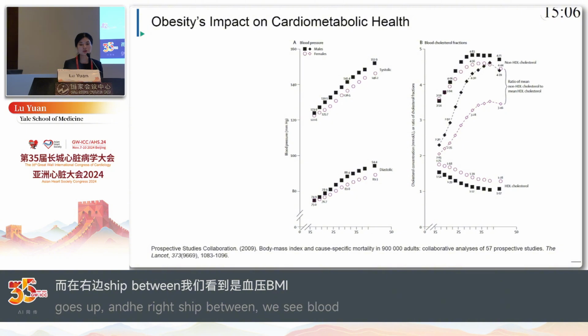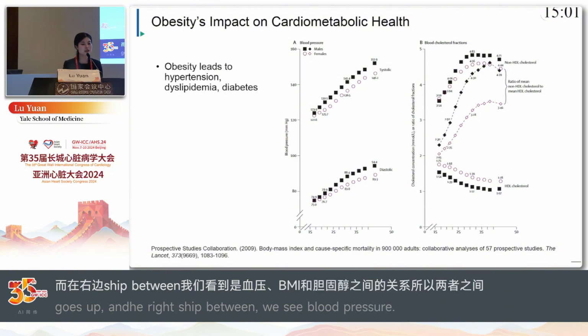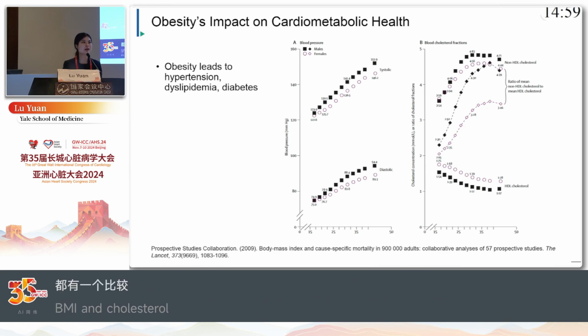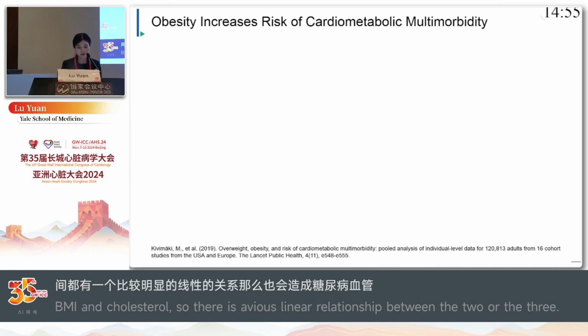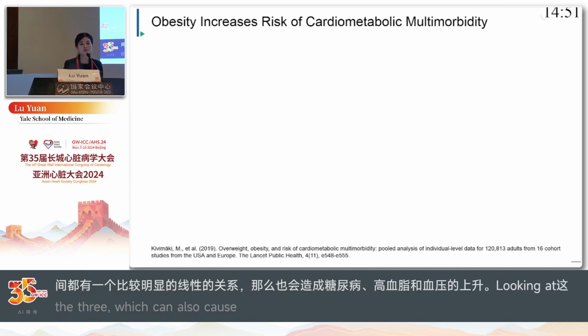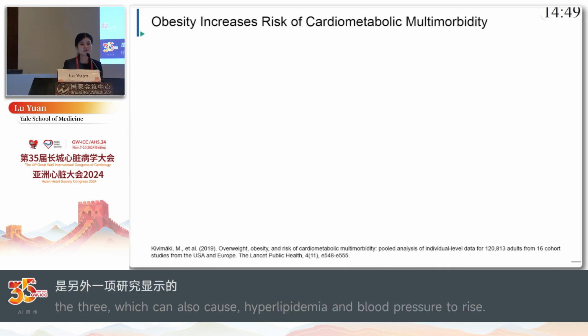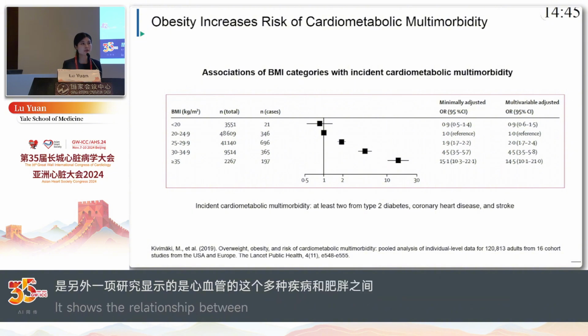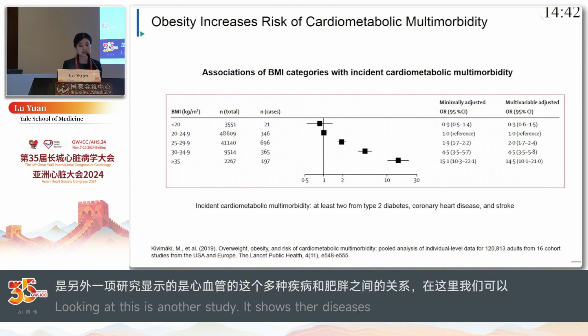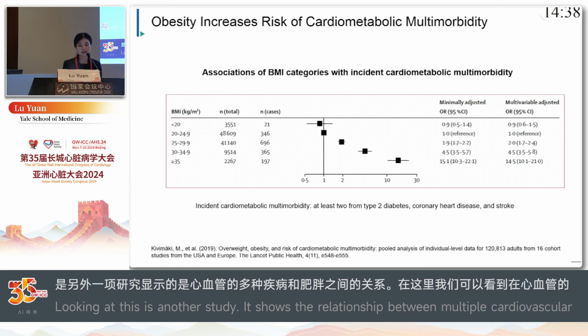And there's also a positive association between those metrics. So obesity leads to hypertension, dyslipidemia, and diabetes. This is another study recently published in Lancet Public Health looking at the risk of cardiometabolic multimorbidity associated with obesity. What we define here as incidence of cardiometabolic multimorbidity is at least 2 from type 2 diabetes, coronary heart disease, and stroke.